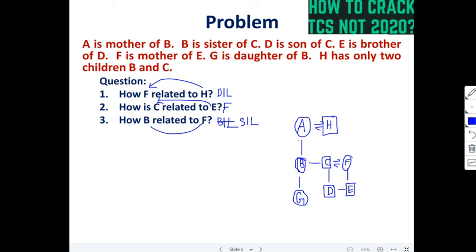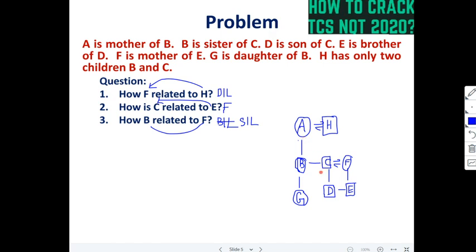We have to remember that a circle is used for female and a square is used for male. A double arrow mark, that is two half arrow marks pointing in opposite directions, represents couples, that is husband and wife. A single vertical line shows the next generation, either son or daughter.